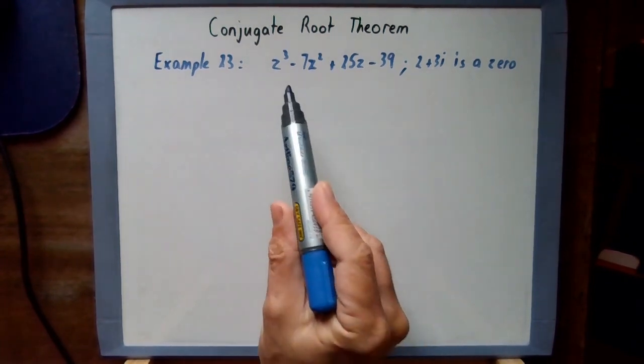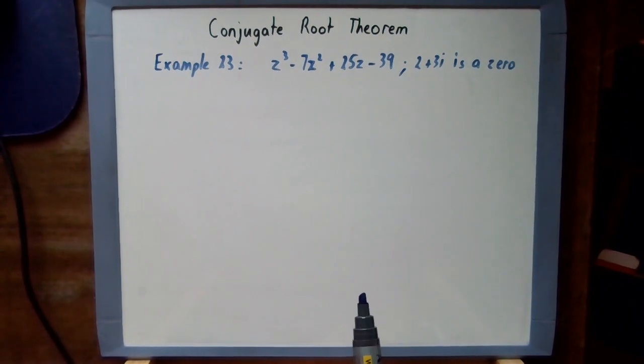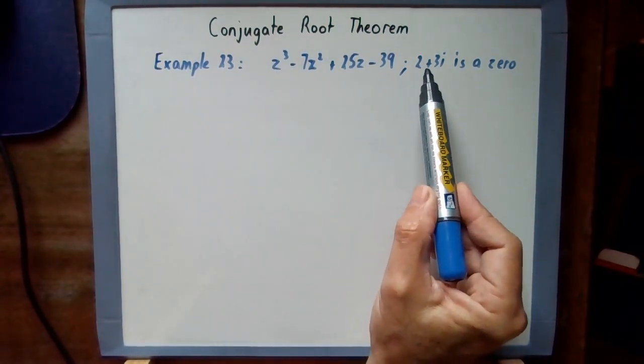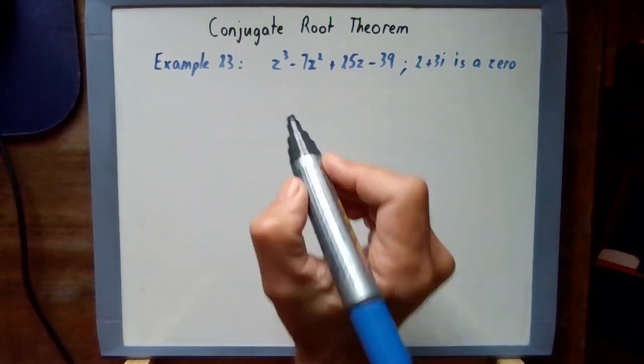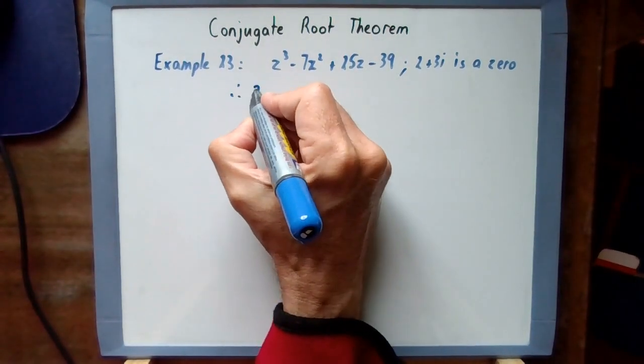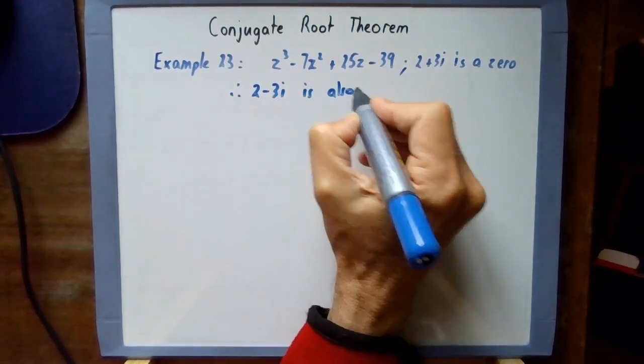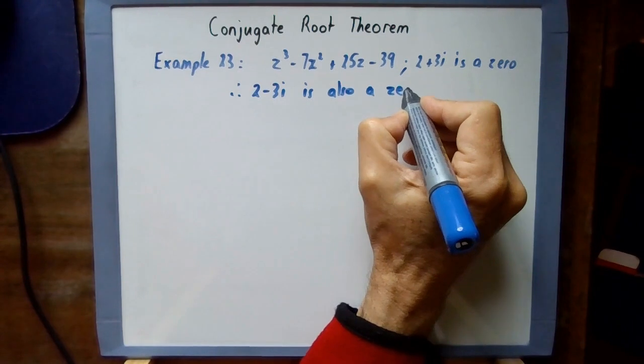So what that's saying here is, for this polynomial, given that 2 plus 3i is a 0, therefore 2 minus 3i is also a 0.